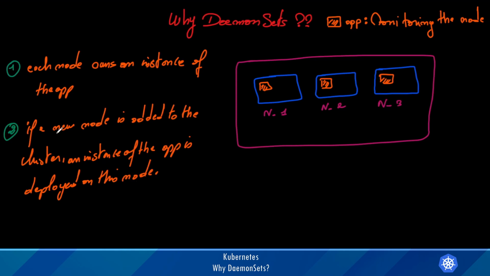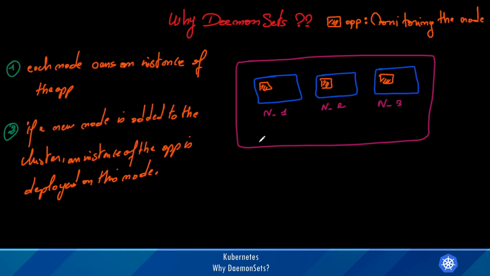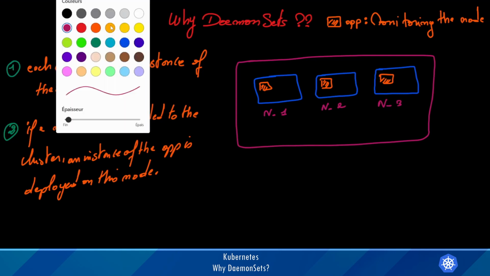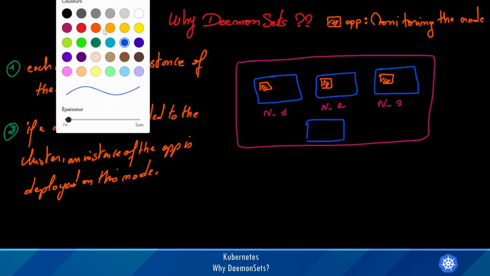So we have another requirement: to make sure that if a new node is added to the cluster, so let's say that here we have a new worker node added to the cluster, let's call it node 4.